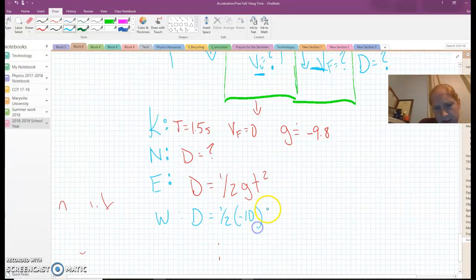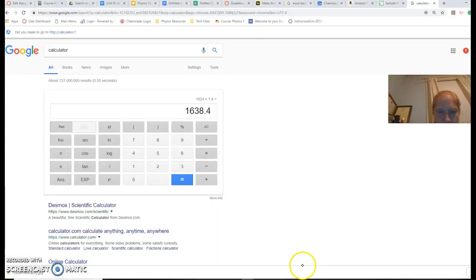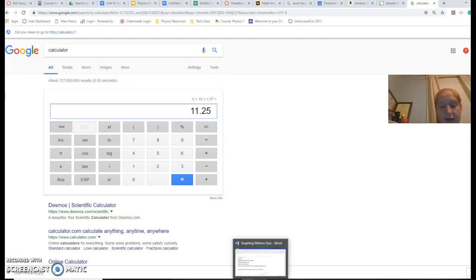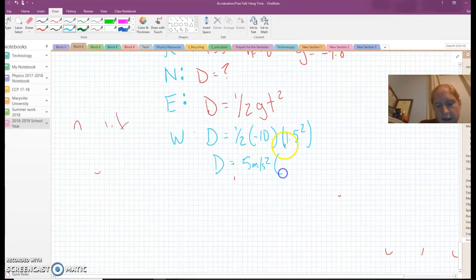Negative 10 times 1.5 squared. So 5 times 1.5 squared. So 11.25. That is my distance. 11.25. This would be equals 5 meters per second squared times 1.5 squared. Right? And then distance is equal to 11.25 meters.